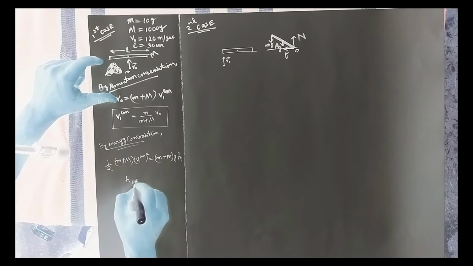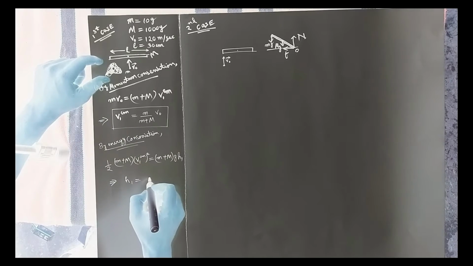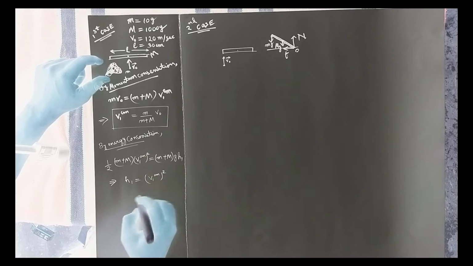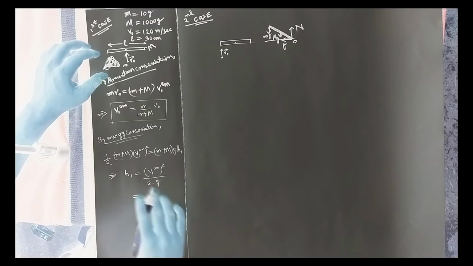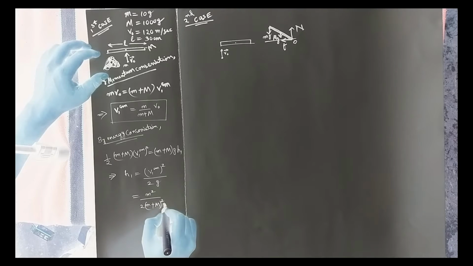So h1 equals v1 cm whole square divided by 2g. So what is v1 cm square? It is m square by (m plus M) whole square times v naught square.